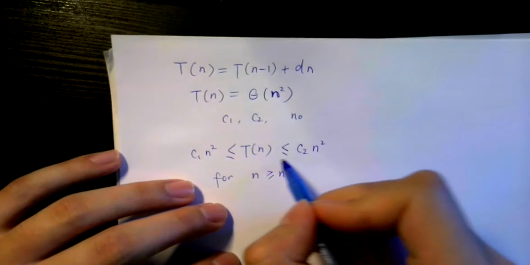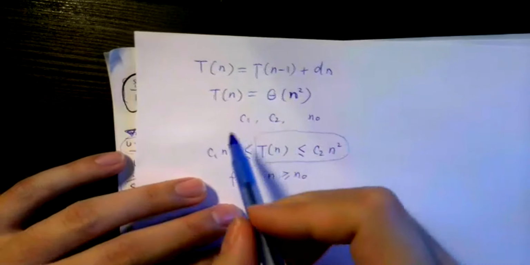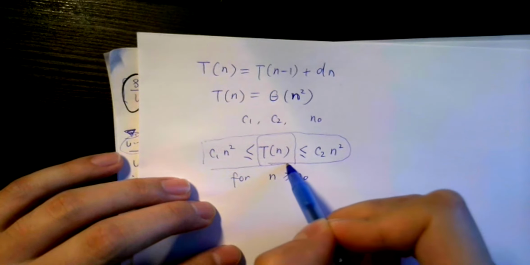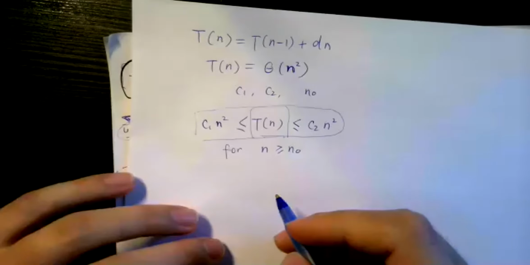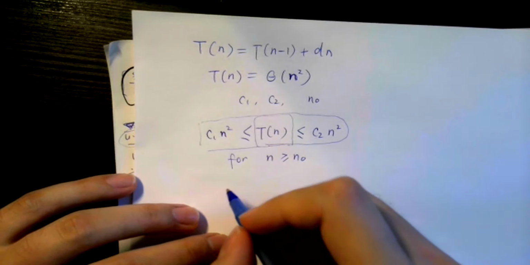In the previous step we have proved the right part, the upper bound. Now we just need to use the substitution method to prove the left side, the lower bound. Everything is quite similar except that the direction of the inequality is inverted.